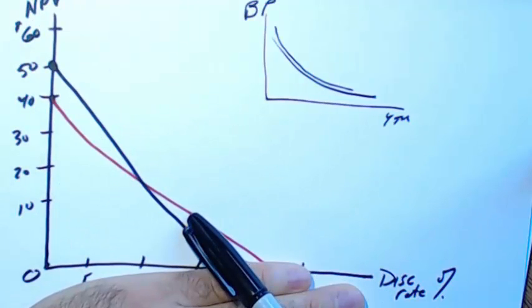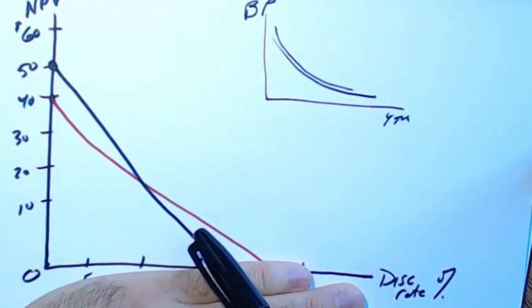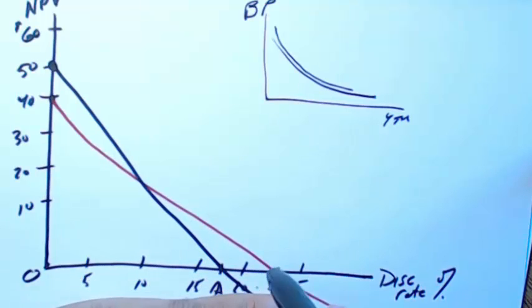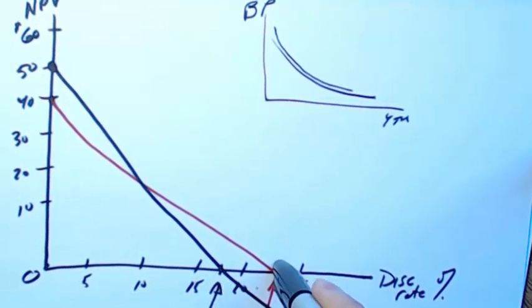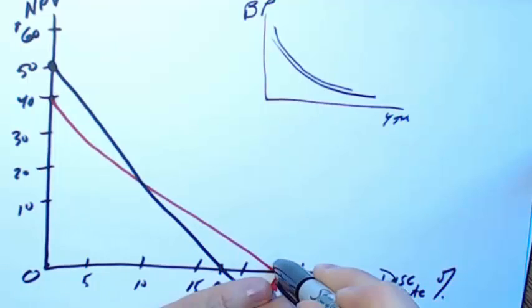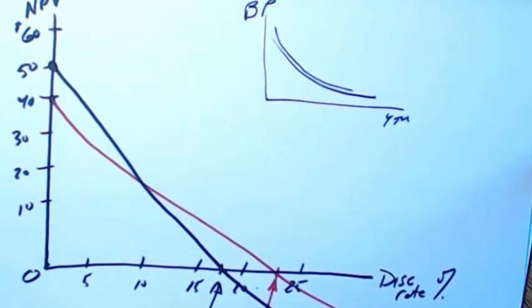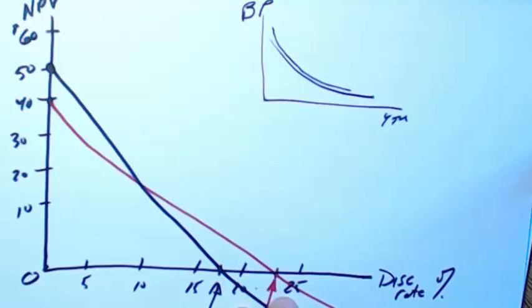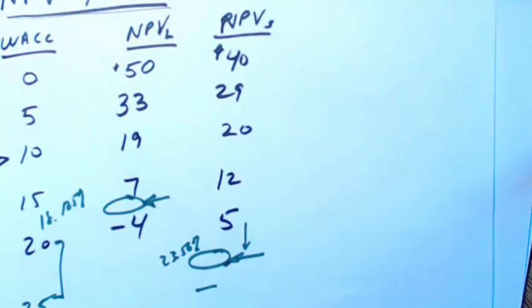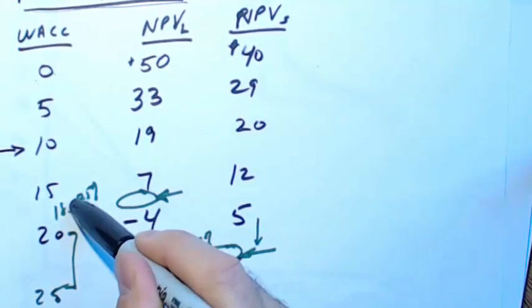The only points that represent internal rates of return are these two points right here. Everything else on the graph represents net present values, and you see net present values going negative, just like we saw here, as you go below 18%.